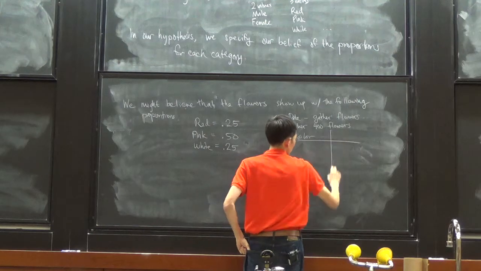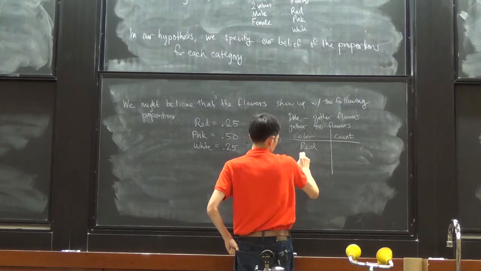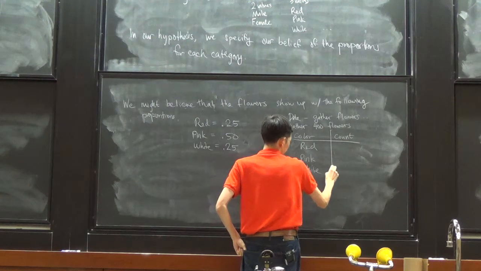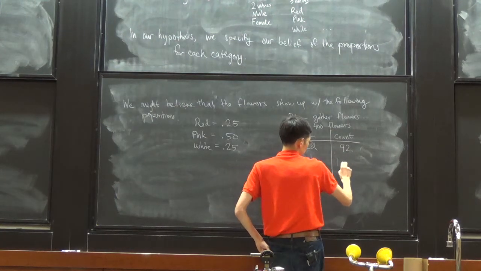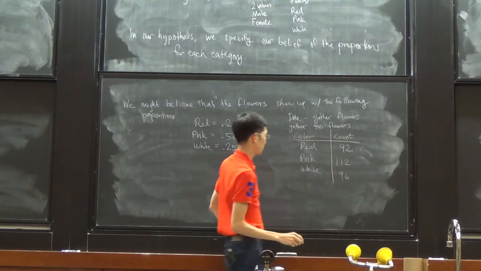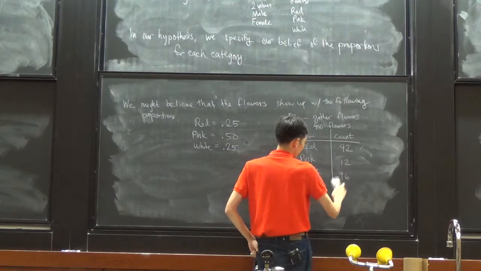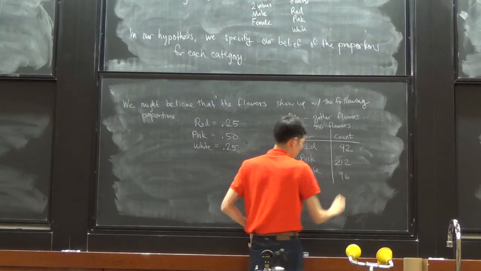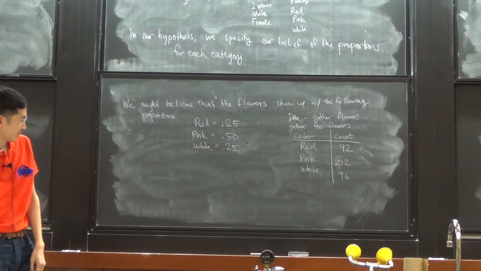Color and count. No, that doesn't add up to 400. I think that adds up to 400. Yes.